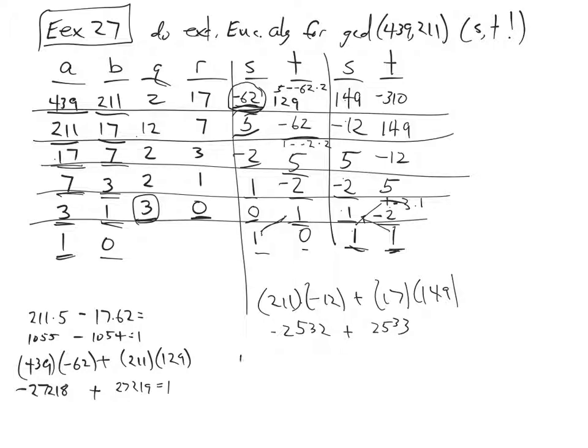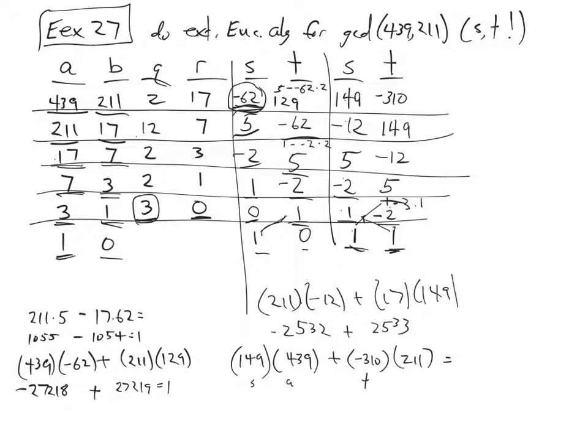So the last check is 149. I'm putting them in the right order here. So that's S times A, which is 439, plus T, which is minus 310, times B, which is 211.